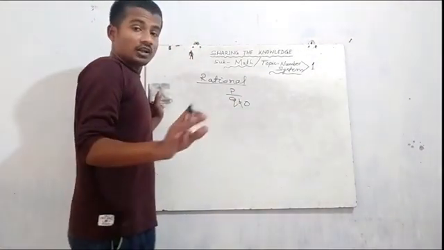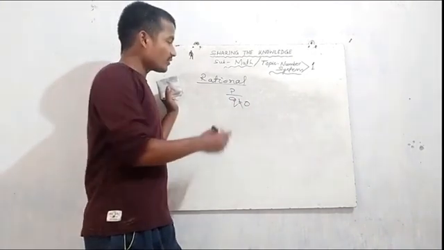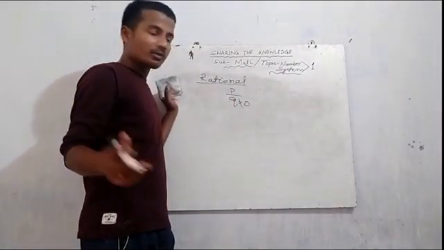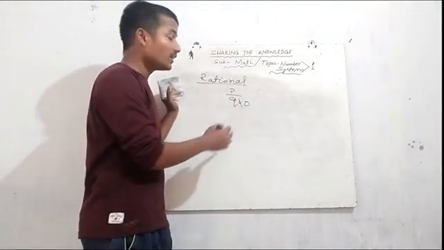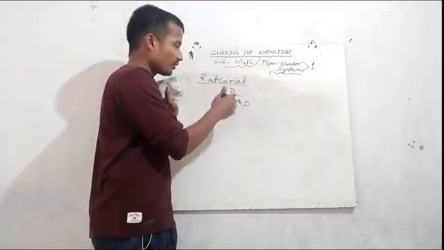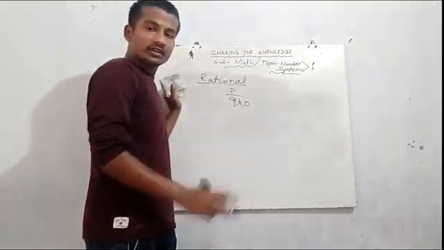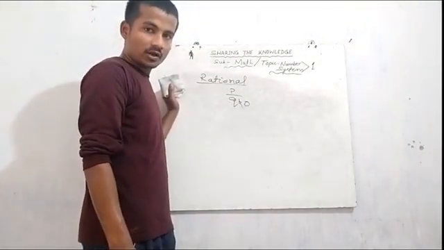Okay, the numbers which can be represented in the form of p by q where q is not equal to 0. Any number that can be taken in p by q form with q not 0, p can be 0 but q will not be 0, okay, that is called a rational number.